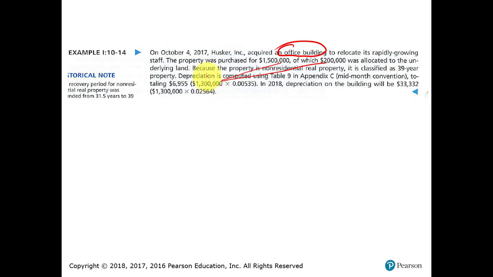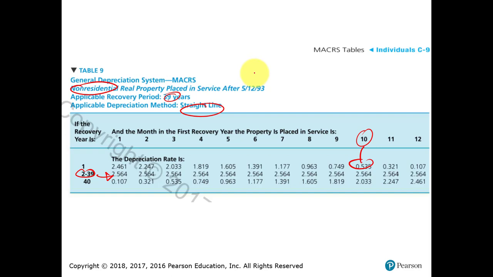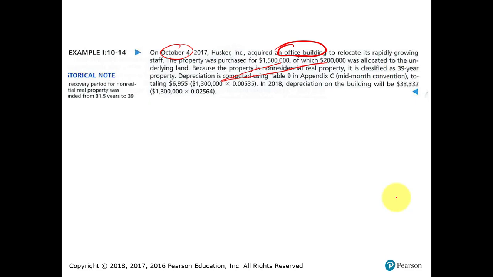And in the first year, for purchasing in October, let's see, that's 0.535 right here, yeah, 0.535. And now you got to use this column for the rest of that asset's life. Just multiply depreciable cost times rate, depreciable cost times next year's rate in that same column on the depreciation table.